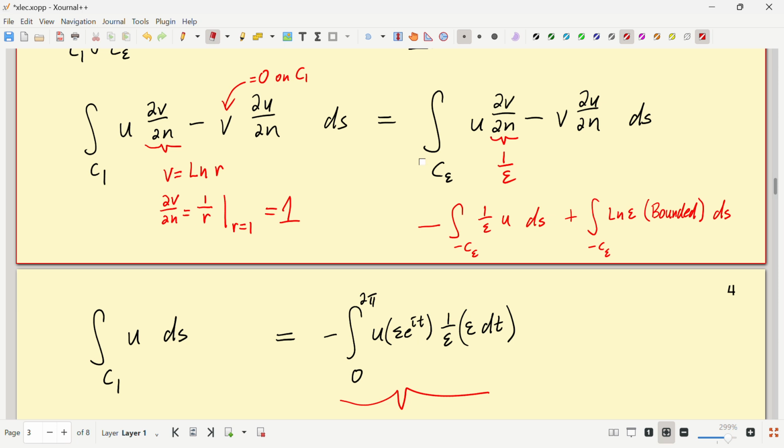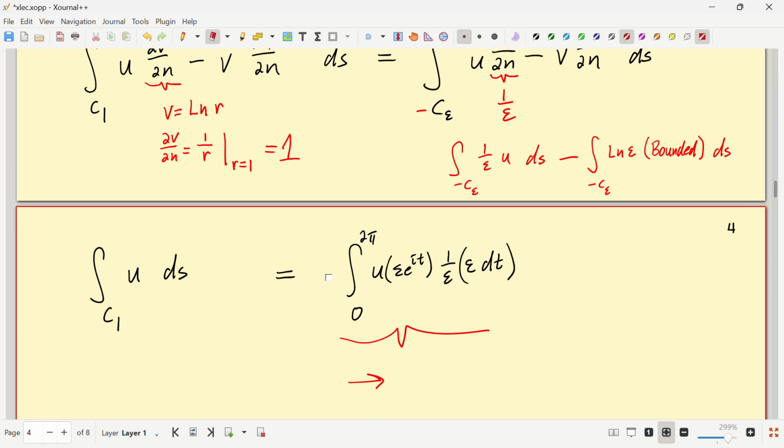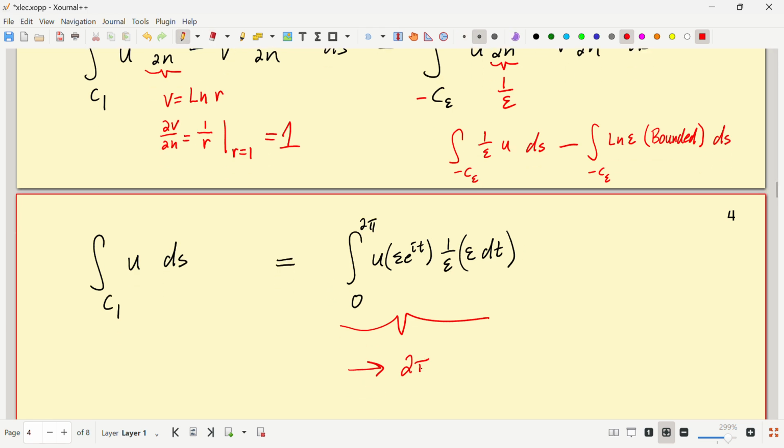That's where I screwed this up, sorry about that. There's no minus here. That's going to go to 2 pi, the length, times u at 0. And that's the averaging property.